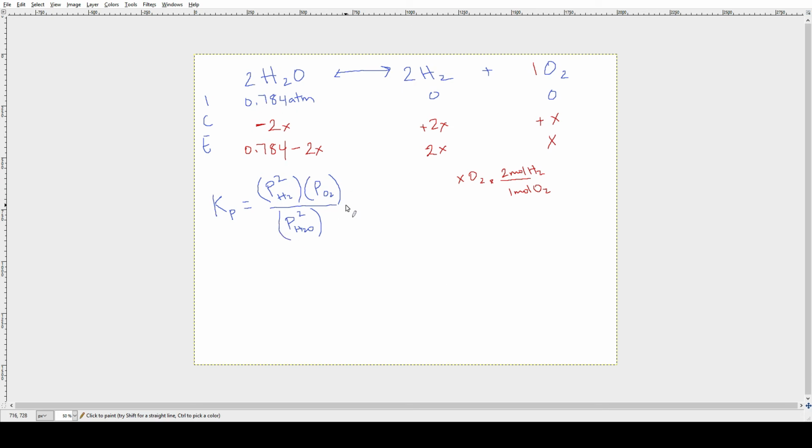Now I'll plug in my numbers. 2x squared times x over 0.784 minus 2x squared. Take a look at that, make sure you see where all the numbers come from. Now, what else? We also know our Kp. That was 2.0 times 10 to the negative 42.